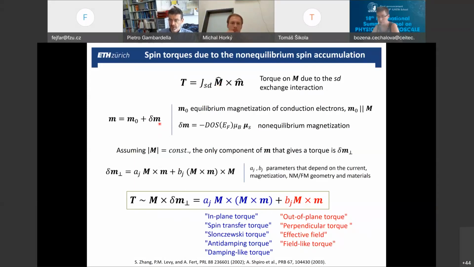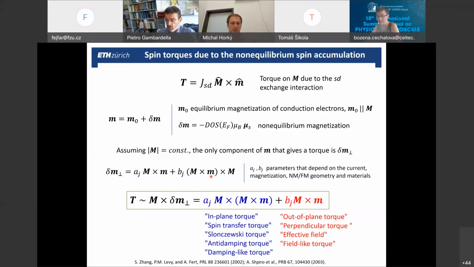That's the one that is going to produce a net torque according to this equation. Okay. And so there are two components of this delta M that are orthogonal to M. Okay, and they can be vectorially expressed in this way, with this vector product. So these are two vectors that are orthogonal to M. And so this corresponds to two different components of a spin torque.